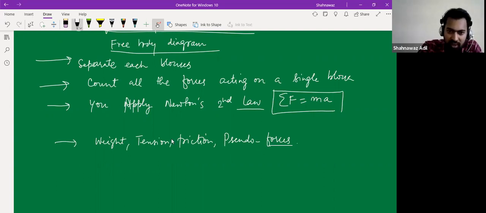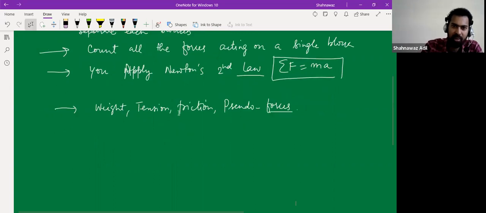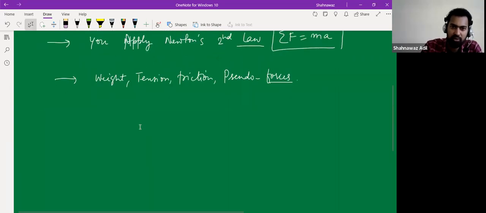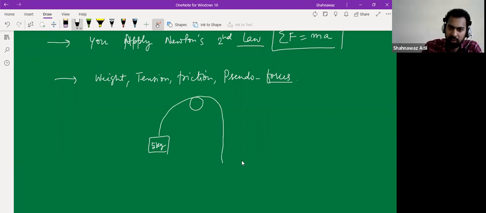So let's just say that you have two blocks, right? So this is mass 5 kg and there is one pulley, right? So one pulley here and it is attached with some rope and this one is, let's say, a 10 kg block, right?